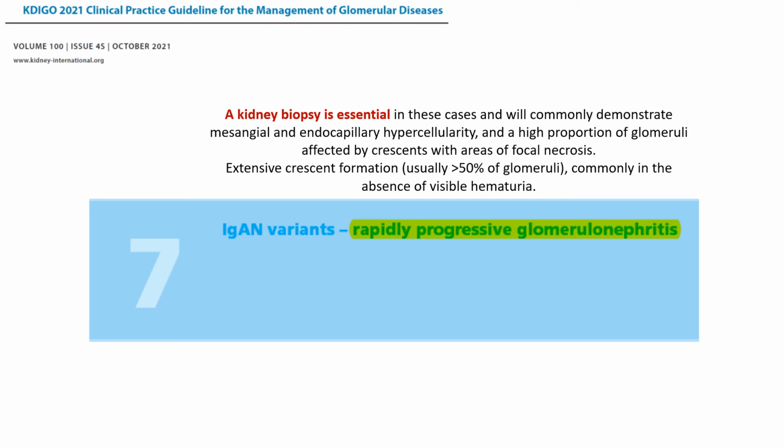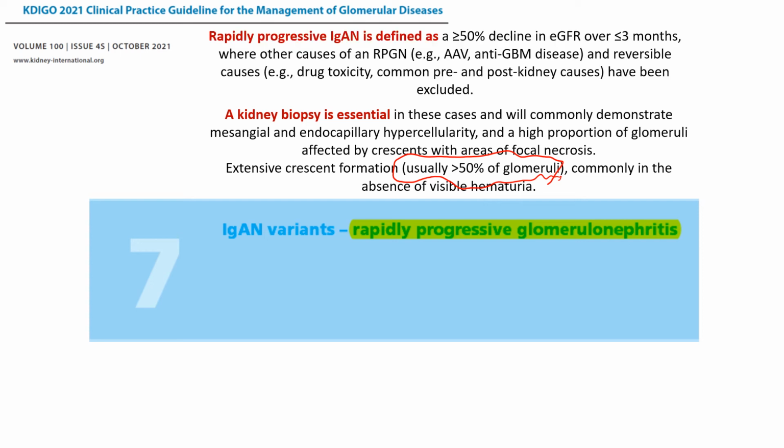To define that the patient has IgA with rapidly progressive glomerulonephritis, crescents must be more than 50% of the glomeruli, with visible hematuria, with more than 50% decline in GFR over less than 3 months, in absence of other causes, vasculitis or whatever.